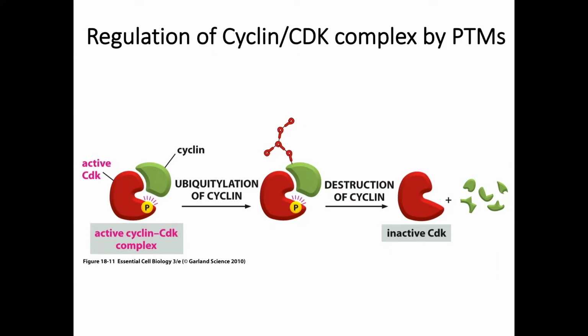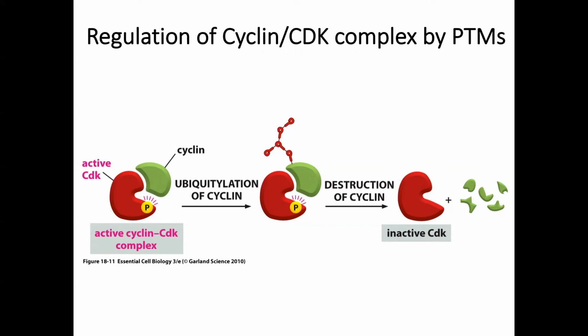However, at a certain time in the cell cycle, the cyclin here is polyubiquitinated. This is called a polyubiquitin chain, okay? And this polyubiquitination marks the cyclin for degradation by the 26S proteasome, all right?